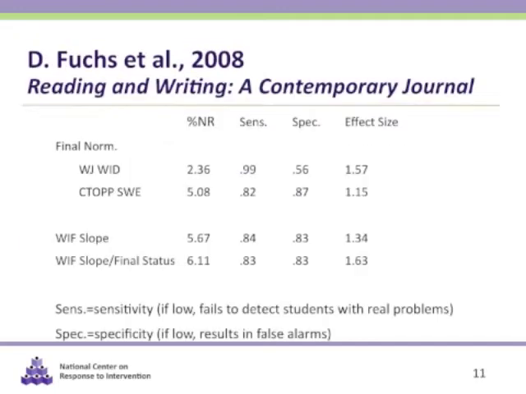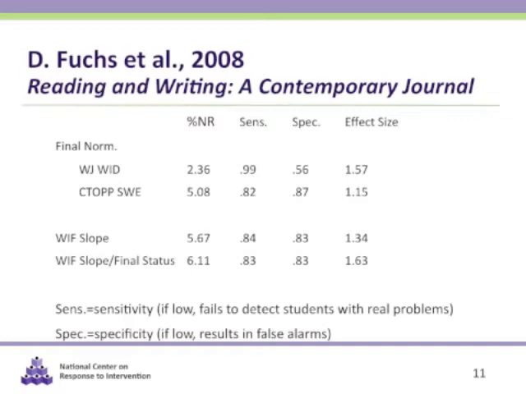So here we see a few of the different options that were considered in Doug Fuchs's 2008 paper. And so what you see if you look over to the last column is that we're contrasting four different methods on this slide. So there's final normalization.